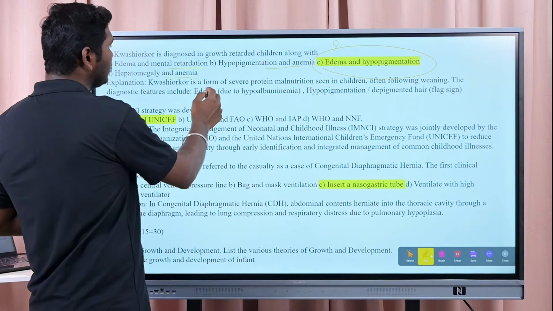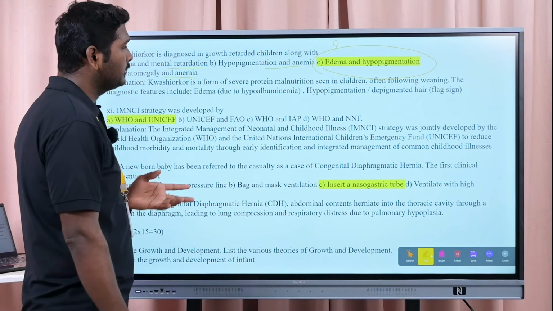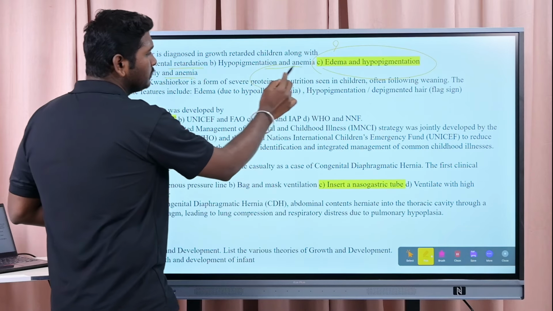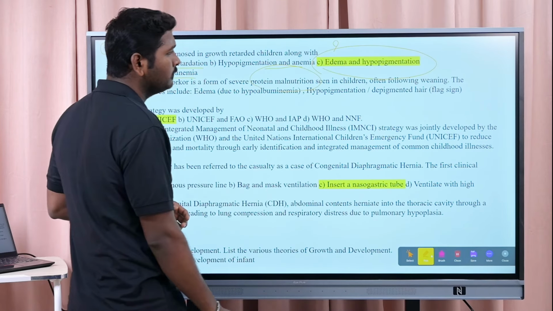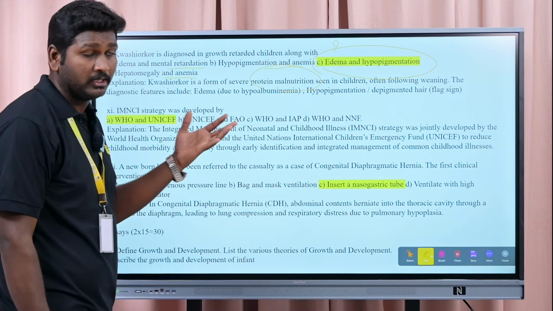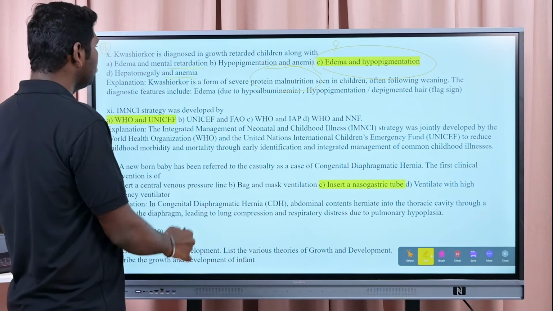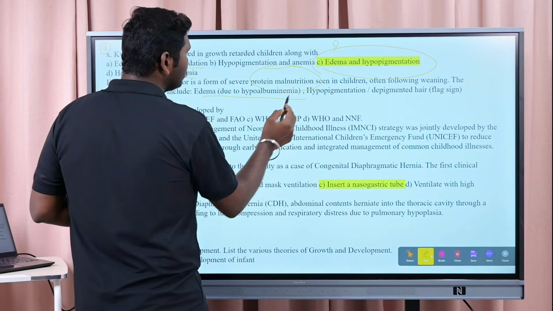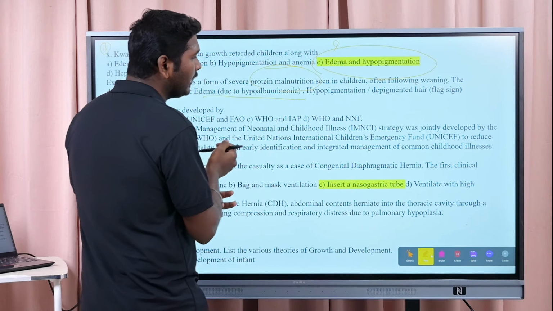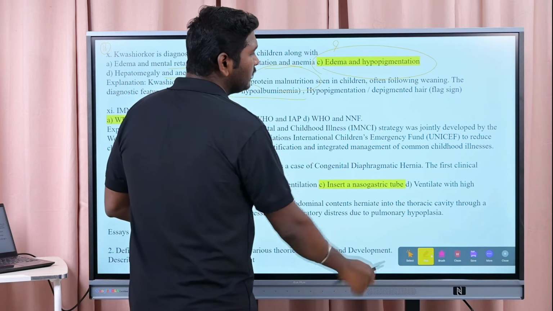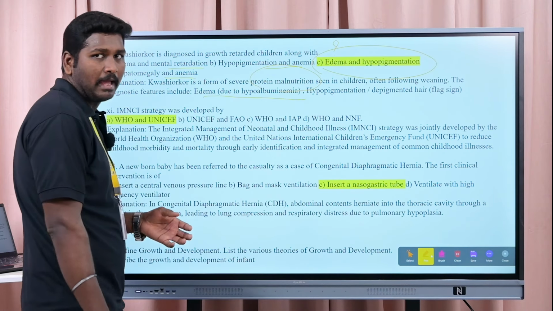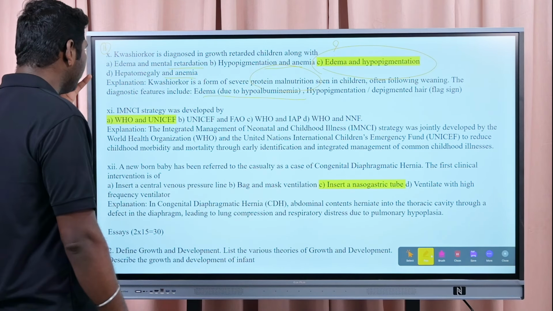Kwashiorkor is a form of severe protein malnutrition seen in children, often following weaning. The diagnostic features include edema because of hypoalbuminemia, and also hypopigmentation or depigmentation because of the flag sign. So this is the rationale behind it.